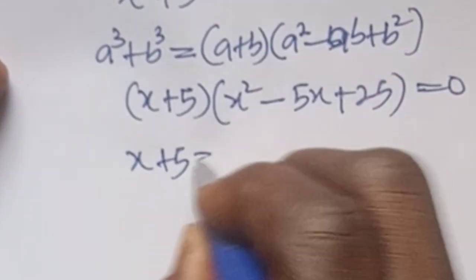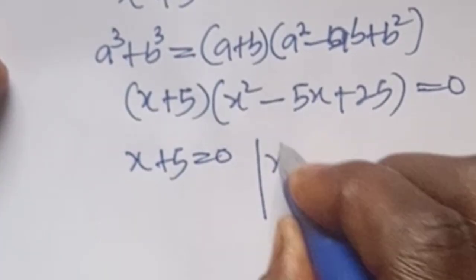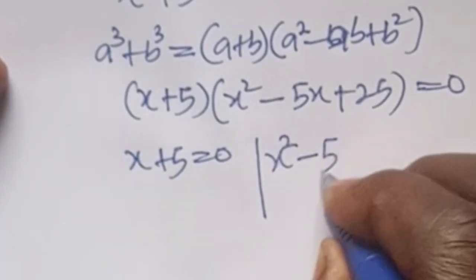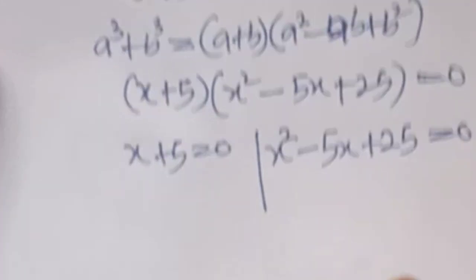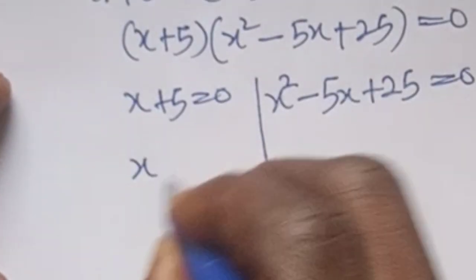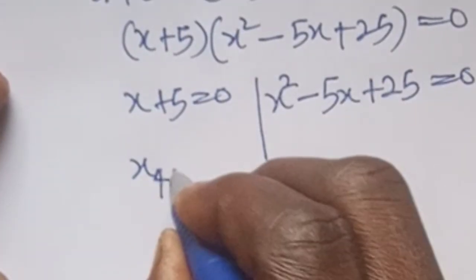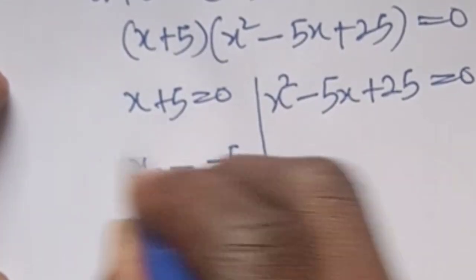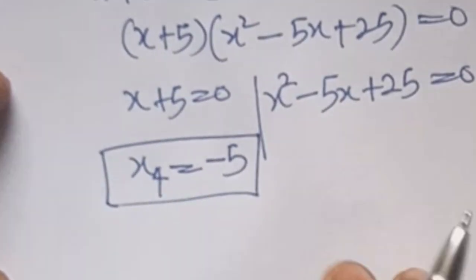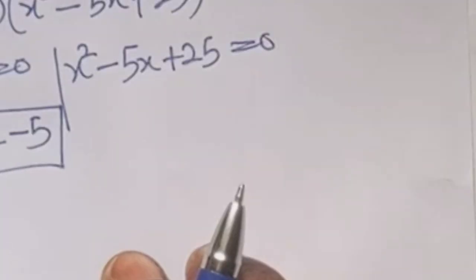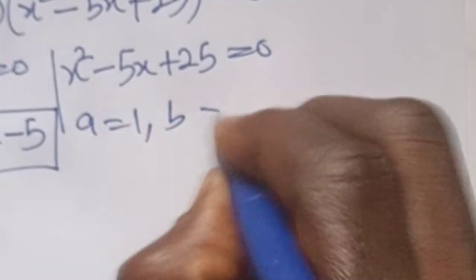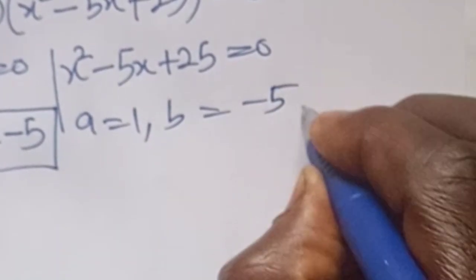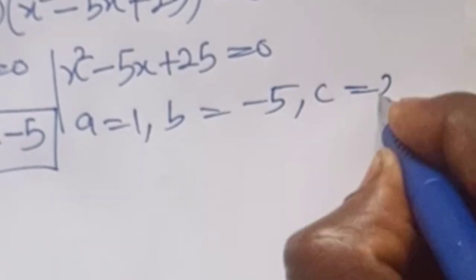X plus 5 equals 0, or x to the power of 2 minus 5x plus 25 equals 0. Here, x, which is x4, will equal minus 5. And for this quadratic equation, a is 1, b is minus 5, and c is 25.